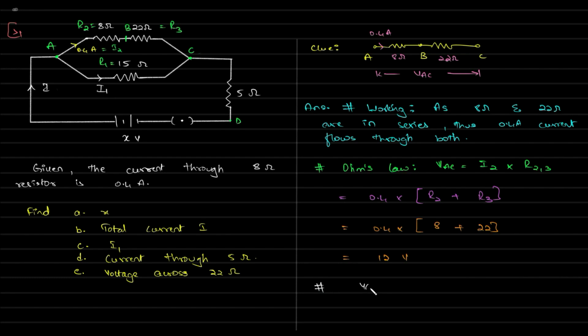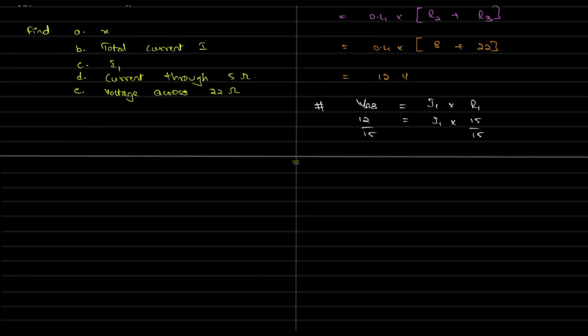So again, the voltage across VAB is equal to I1 into R1. This is 12. I1 we need to find. R1 is 15. So the best thing to do is divide by 15 on both sides. Cancellation. So both are divisible by 3. 4s are 5s are 0.8 is equal to I1, so many ampere.